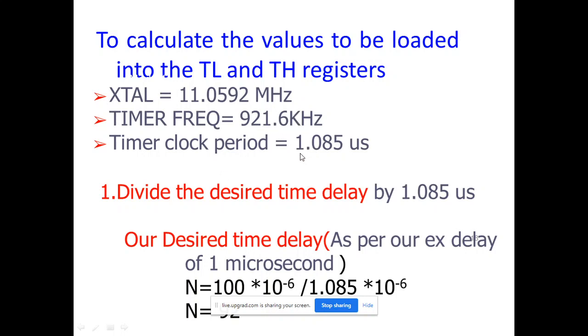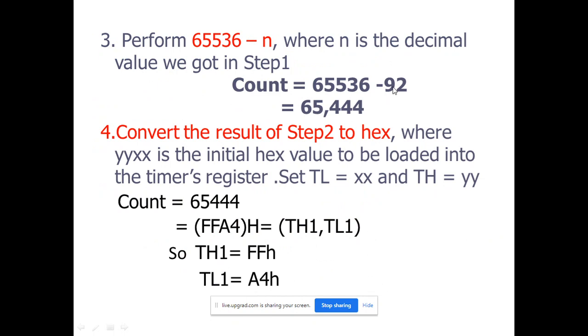Its time duration is 1.085 microsecond. In the first step we divide the desired time delay by the timer clock duration, 1.085 microsecond, and when dividing the desired time by 1.085 microsecond, I get the answer 92.